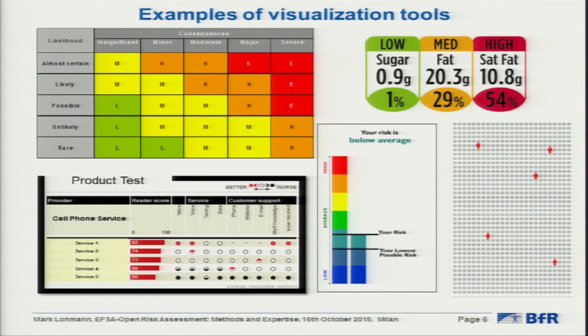And it appeared to us that the illustration of the results of a product test could be a highly efficient visualization model, because here many parameters are utilized and combined to form an overall result. And indeed, this model served as a template for the final risk profile.